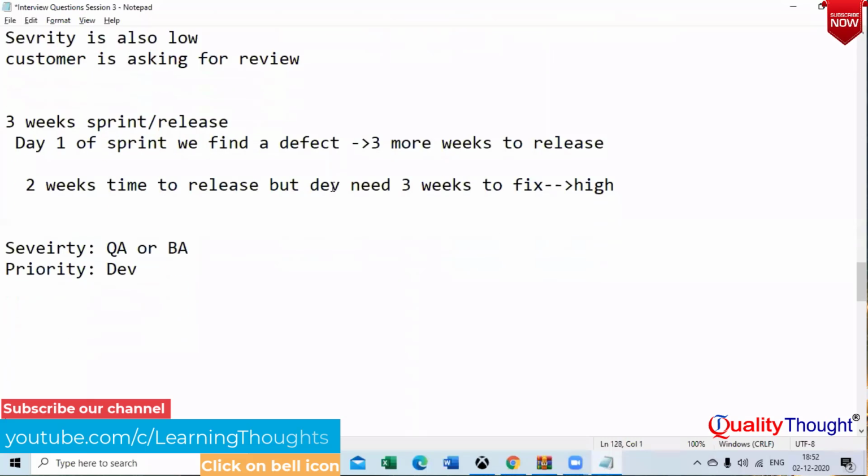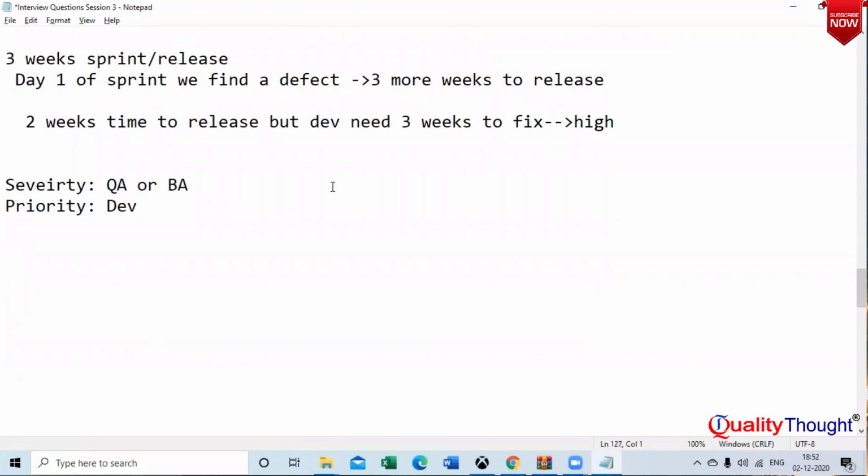Now, here is your question: if you really understand the concept, give examples of a high severity defect versus high priority.